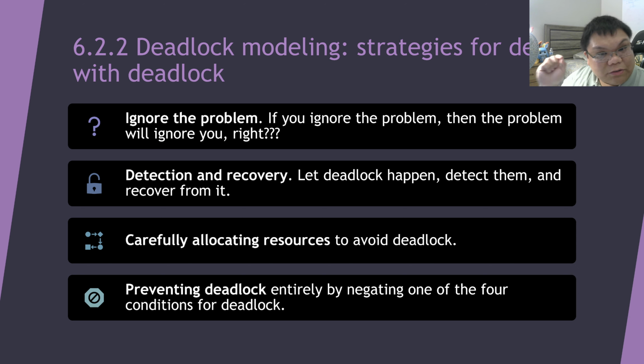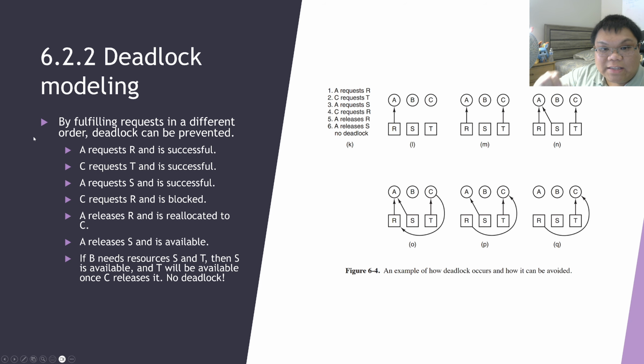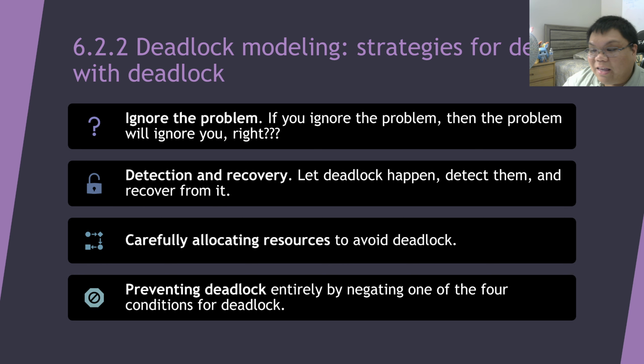The next strategy is to let deadlock happen, detect whether it happened, and recover from it. The next strategy is one that we just saw a taste of: allocating resources in an order that would avoid deadlock entirely.